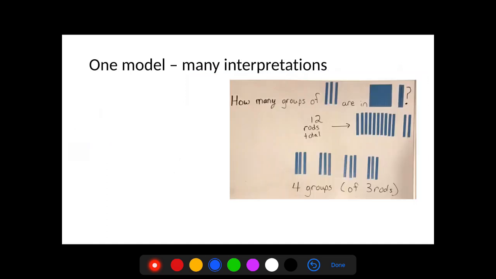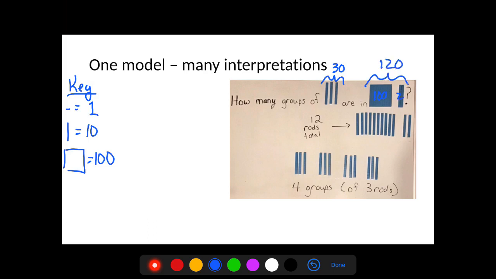All right, let's change up our key now. Let's say that our key had the more traditional, a single is worth 1, a rod is worth 10, and a flat is worth 100. Then this becomes 3 rods are worth 30, and we have 120 over here on the right. I still have 12 rods. I still have 4 groups of 3 rods.